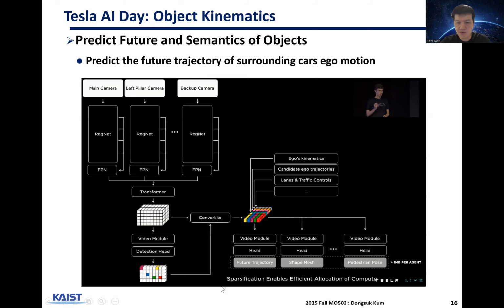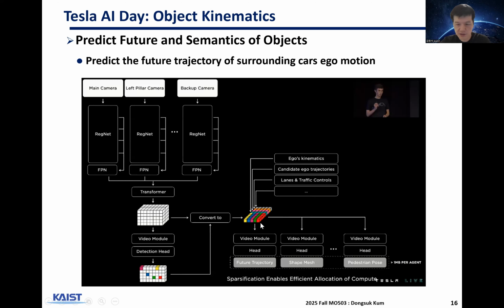But I wonder why they call it sparsification. I'm not quite sure, but originally they had this sparse tensor, and then the detection head detects objects, and they use that information to extract features, and they call it sparsification.